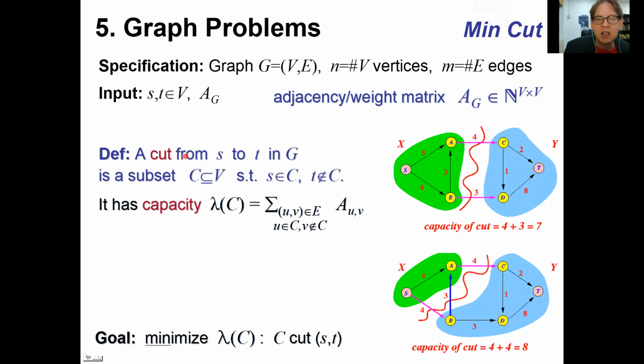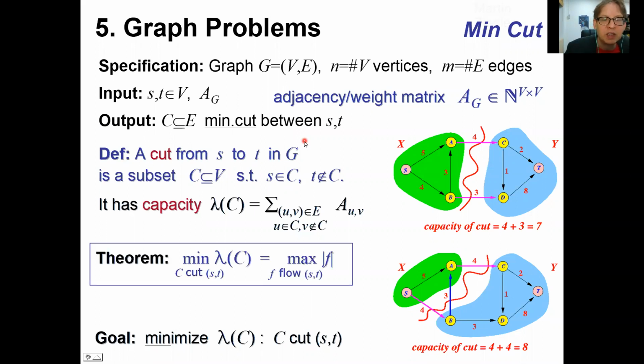And the goal is to calculate a minimum cut, a minimum subset of the vertices, such that all the edges leaving that subset, and therefore entering the complement, together have minimal capacity. Output a subset of the edges which constitute a minimum cut between source and target.